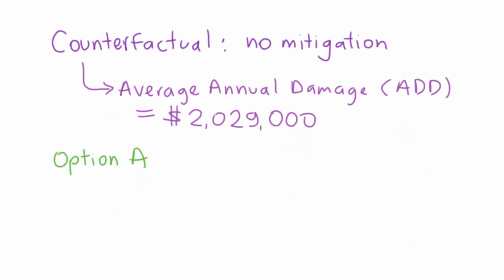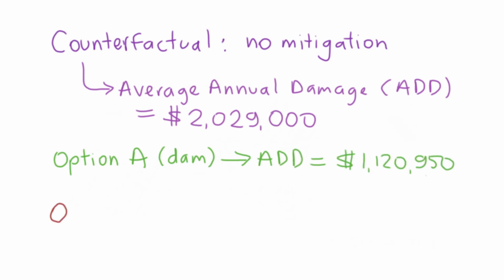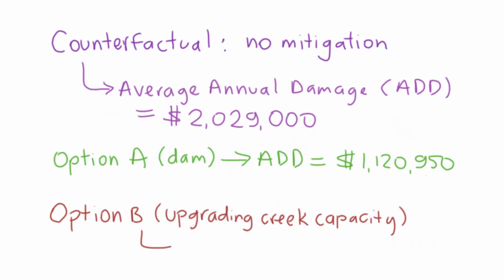Average annual damage for option A is $1,120,150, and for option B is $1,291,100.